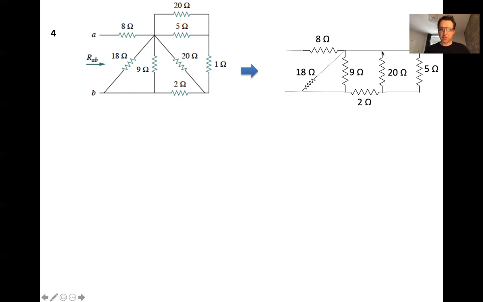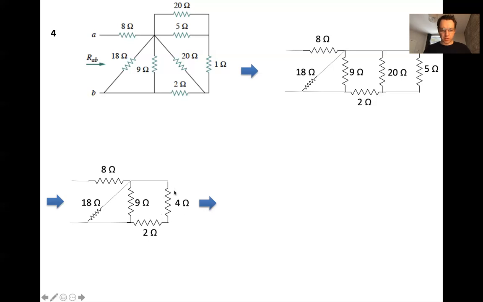So notice that the top of the 20 ohm resistor is in between the back of the 8 and the front of the 5, just like it's drawn. Okay, and everything else so far has stayed the same. We've kept the 18 ohm diagonal resistor as is. And what we're going to do, as you can guess, is reduce the 20 and the 5 into a 4.